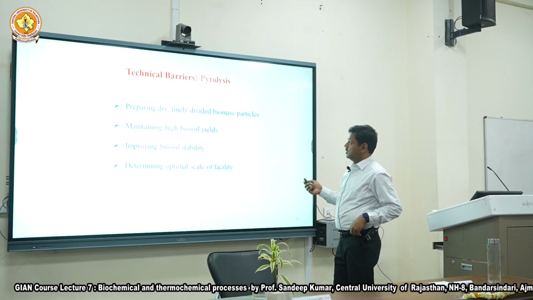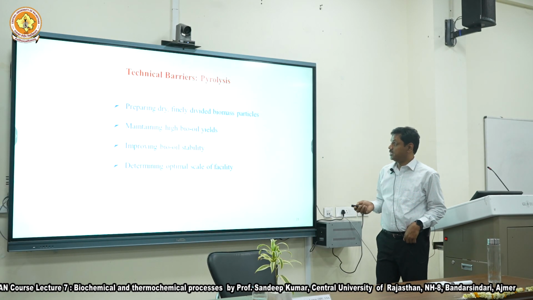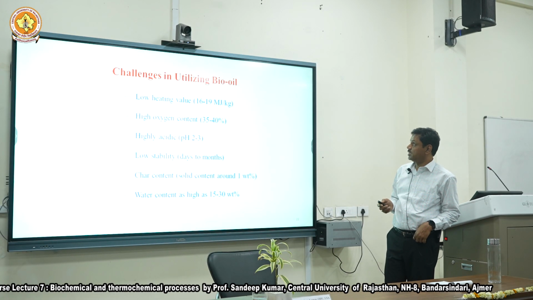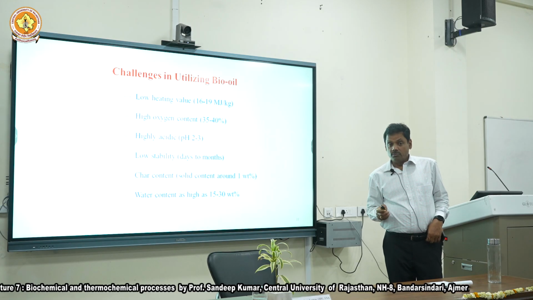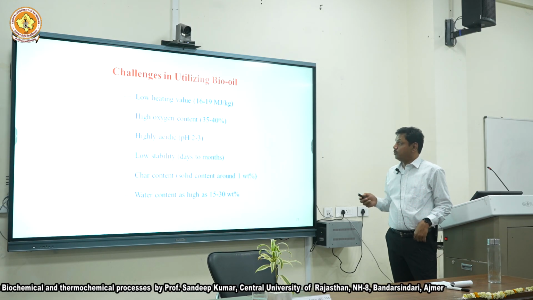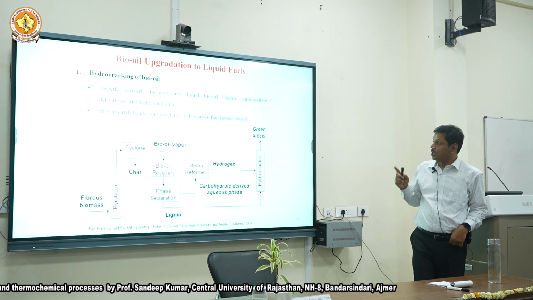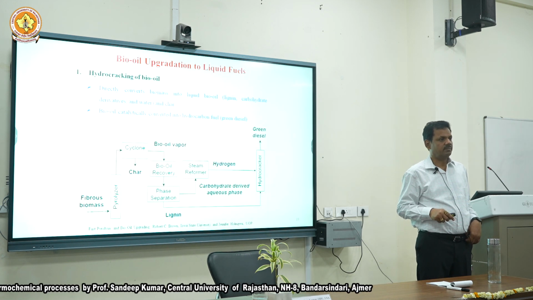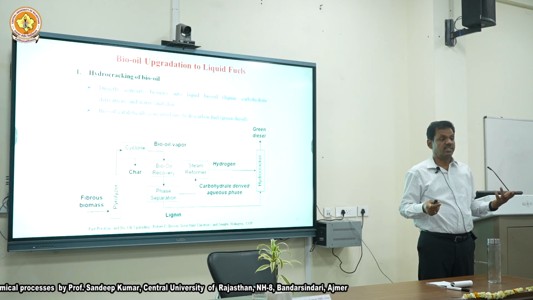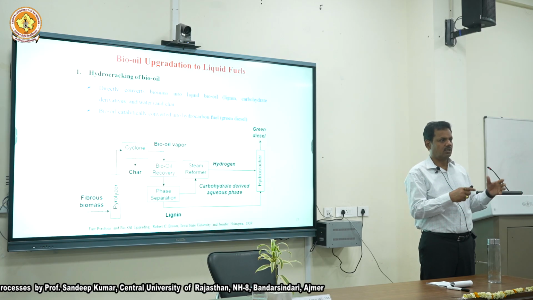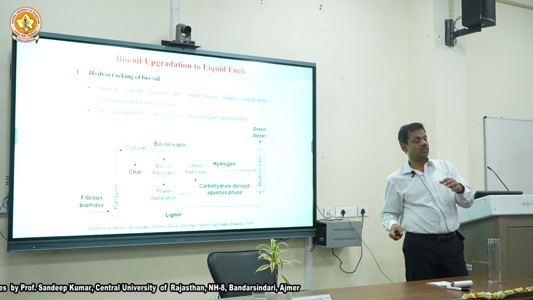And these are the barriers: dry feed, high oil content, improving oil, we talked about that. The oil you produce has low heating value, high oxygen content, I talked about this. So how do you make liquid fuel? Let's say you want to make diesel. You got bio-oil, now you want to make diesel. How will you do that?